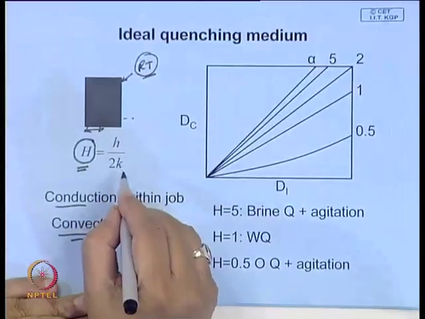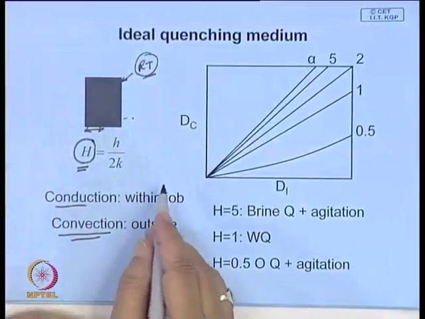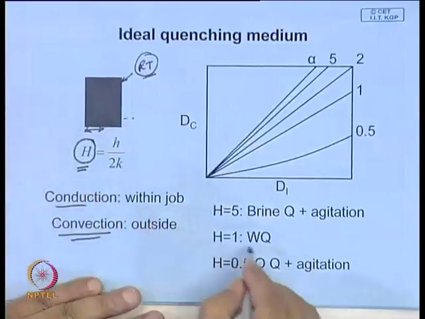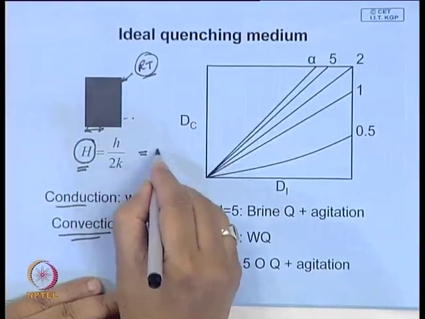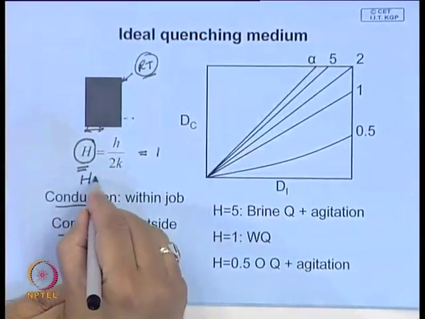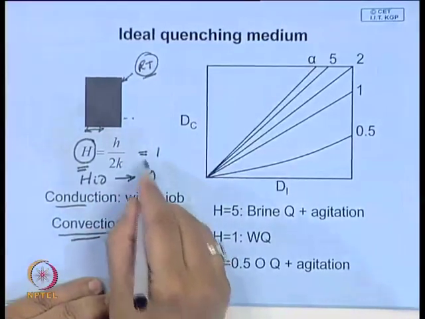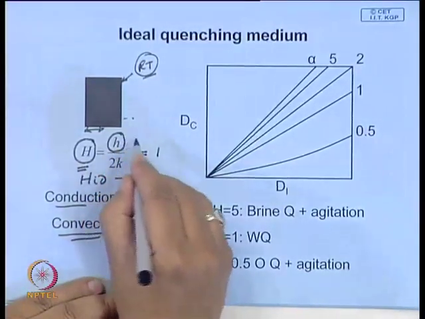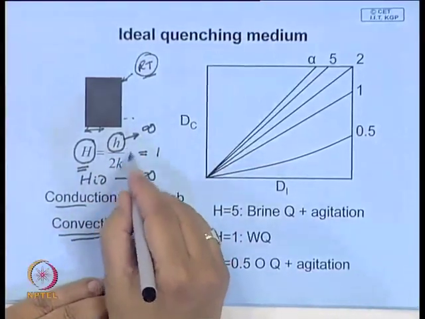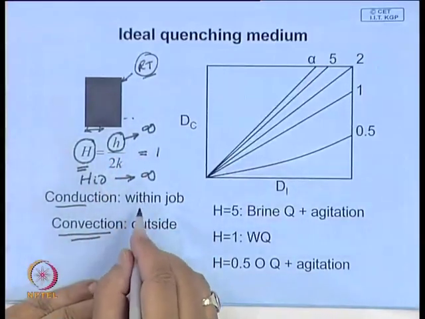So, h by twice K is defined as the quenching severity. For still water quench, normally you take H as 1, whereas for ideal quenching this is infinity. What does infinity mean? That heat extraction rate by convection is very large. So, this is a hypothetical quenching medium.